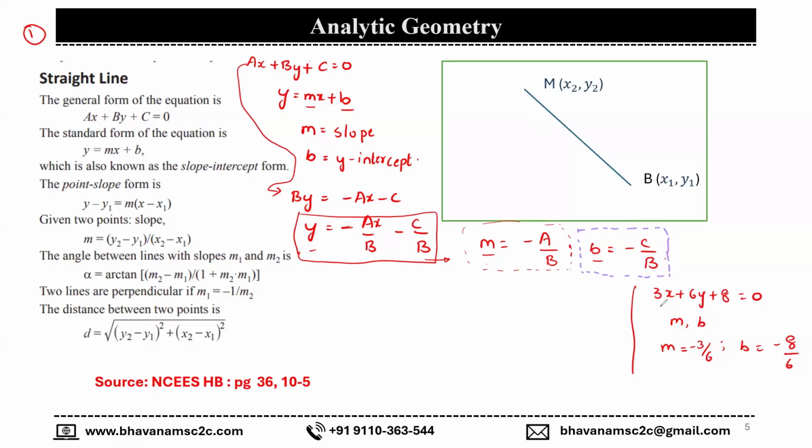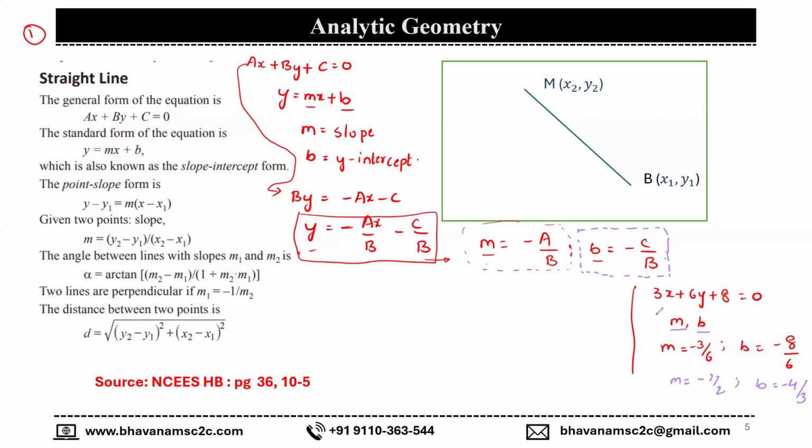In the given question, which is 3x plus 6y plus 8 equal to 0, they are asking you to calculate the slope and y-intercept value. Already you understand that m equal to minus a by b, which is minus 3 by 6, and b equal to minus 8 by 6. So that's going to be m equal to minus 1 by 2, b equal to minus 4 by 3. Are we good on this?